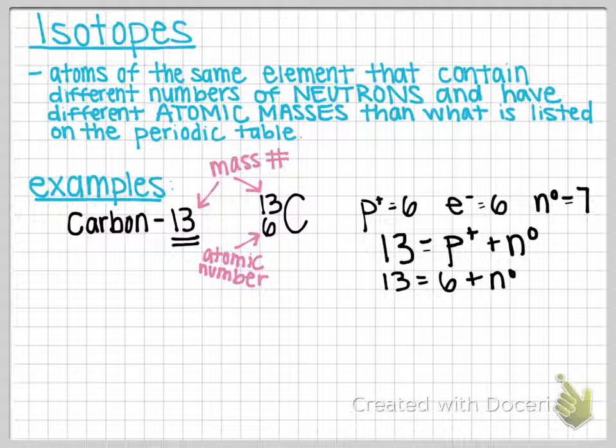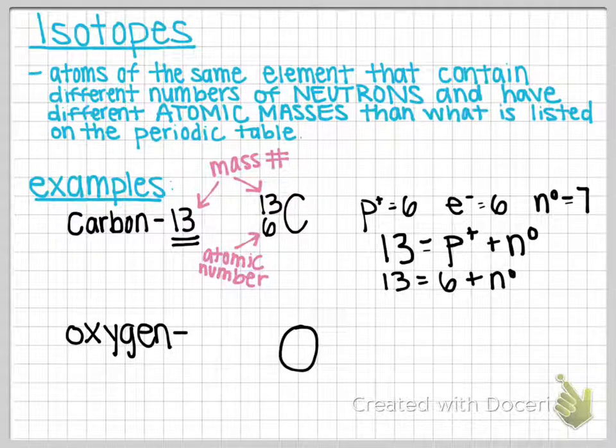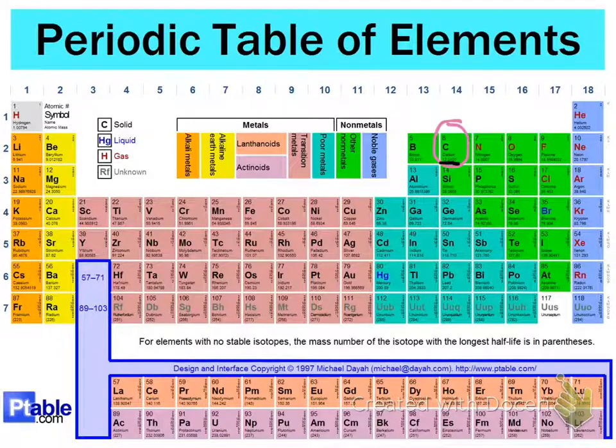If I had an isotope of oxygen, and let's say I didn't know the mass. But I know that oxygen, if we look on the periodic table, has an atomic number of 8.